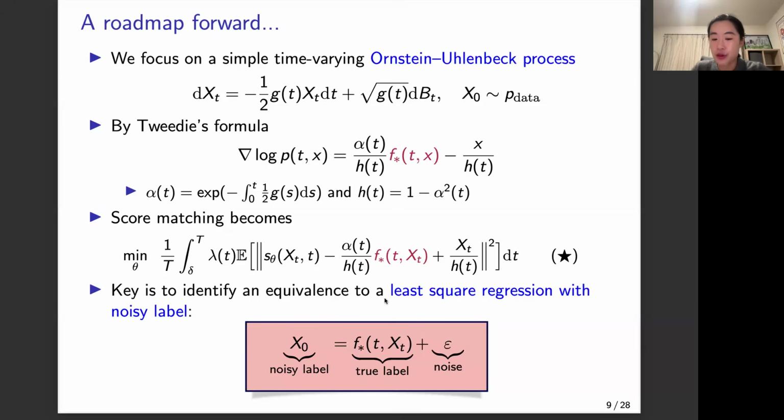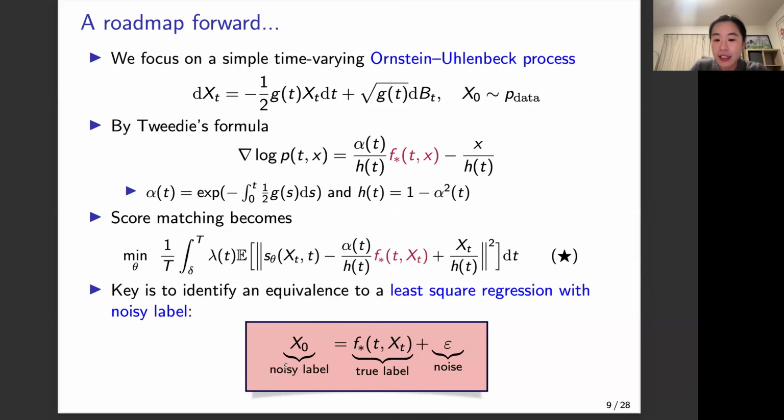This is way easier to work with: if we replace f star by x0, these two problems have the same minimizer. This helps a lot because x0 is something we can access from the data set, so the target would be something we can observe.